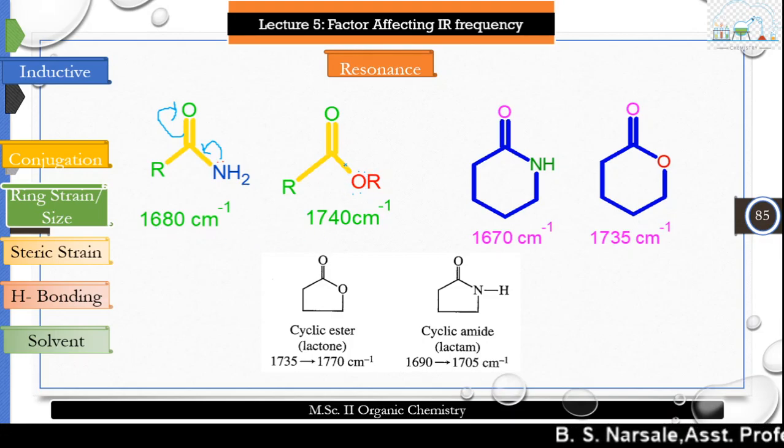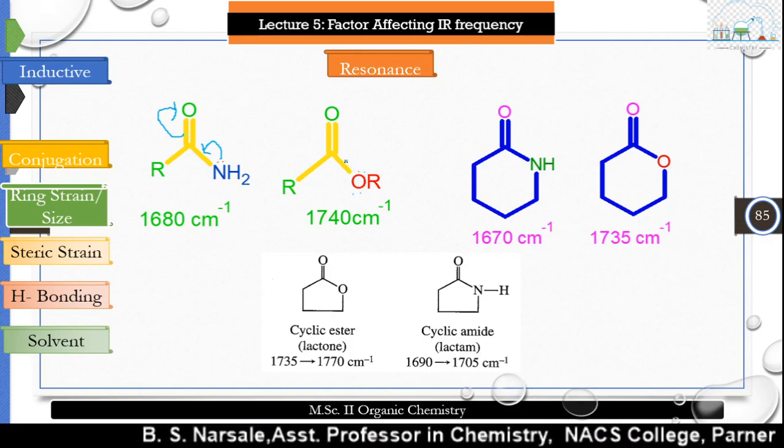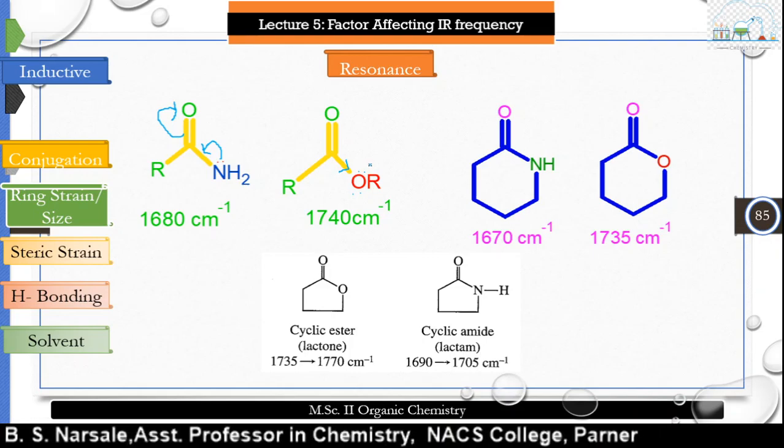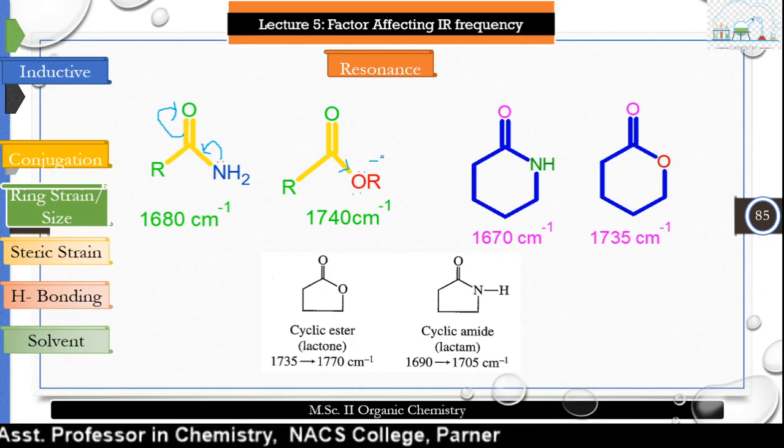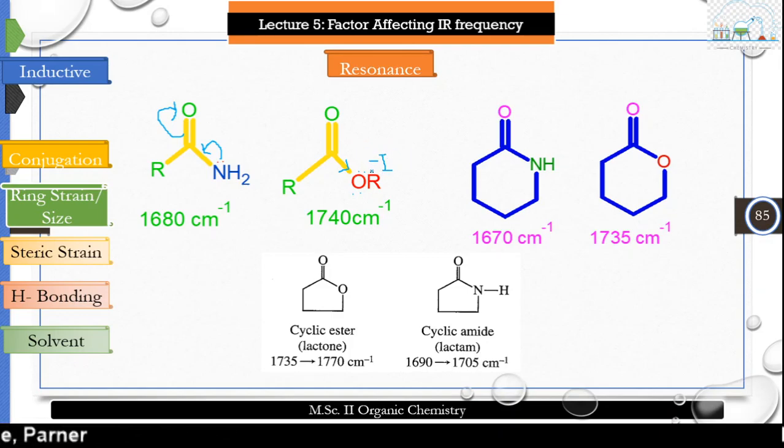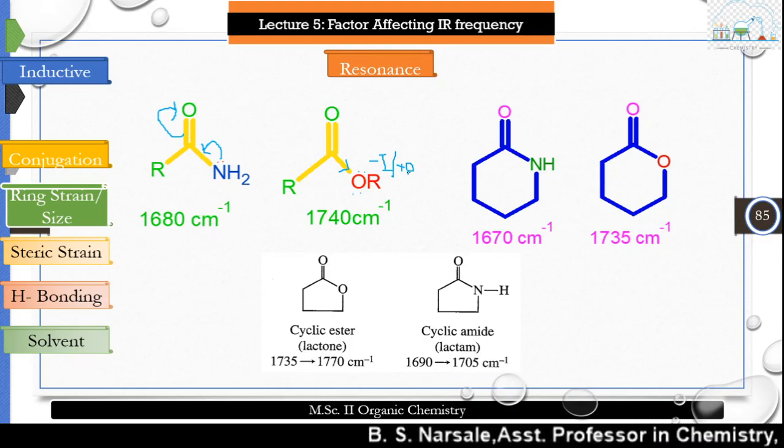While here, oxygen, rather than acting as an electron donating resonance effect, pulls electrons towards itself, that is, it acts as an electron withdrawer. That means it shows a minus I effect. The minus I effect is more as compared to the electron donating resonance effect.